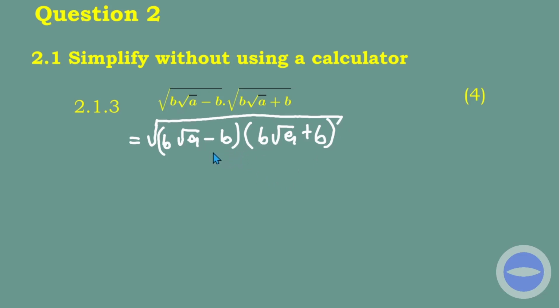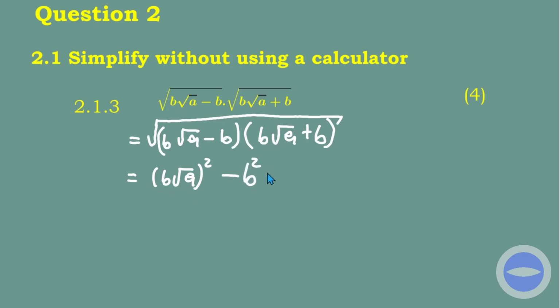So I'm still correct if I wrote it like this. And then if you can see here, I have two squares. I have negative, I have positive. So if I expand these factors, I will end up with the difference of squares. So I will end up with b, the square root of a squared minus b squared.